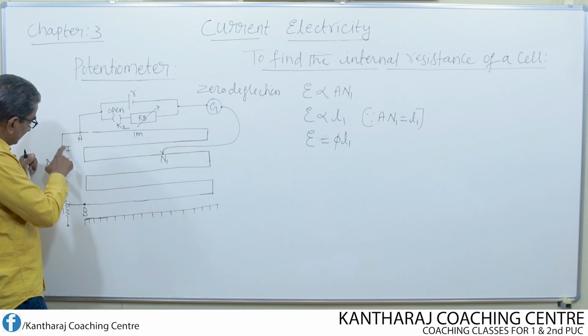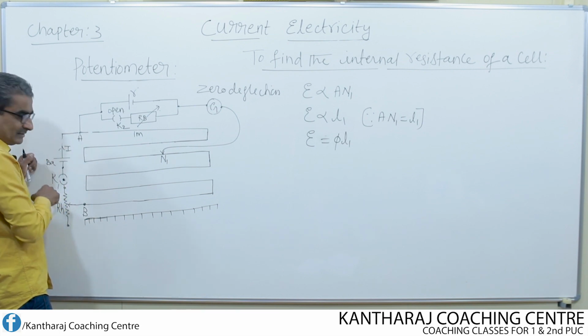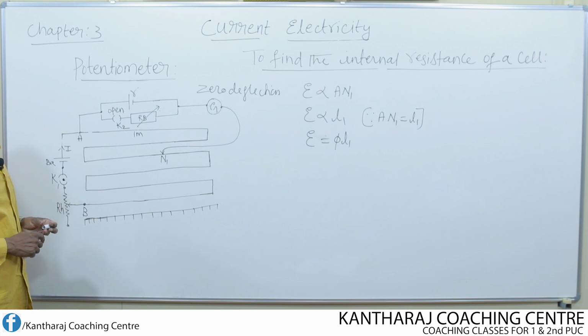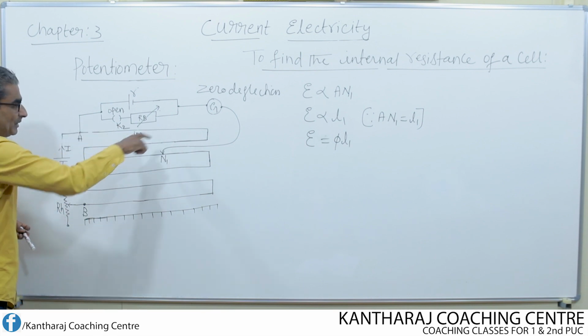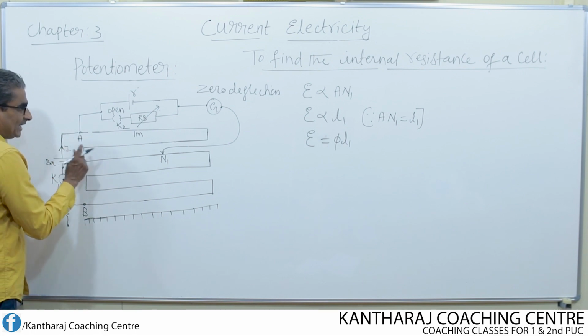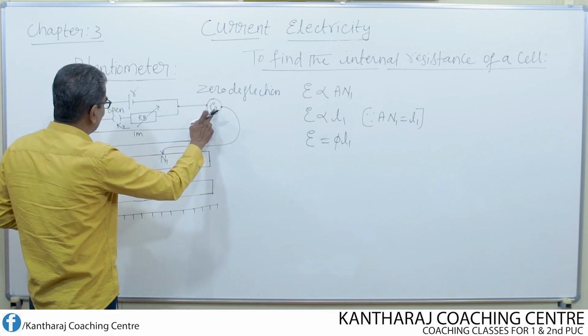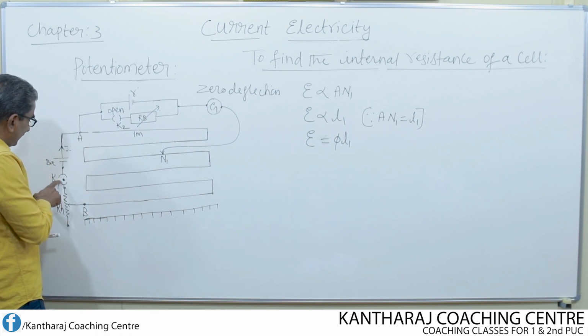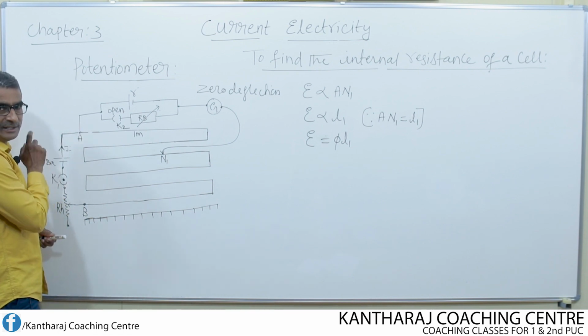Only thing is, this cell keeps passing the current into the circuit. Therefore, whatever deflection we are getting in this galvanometer when K2 is open is just because of the cell or the battery.